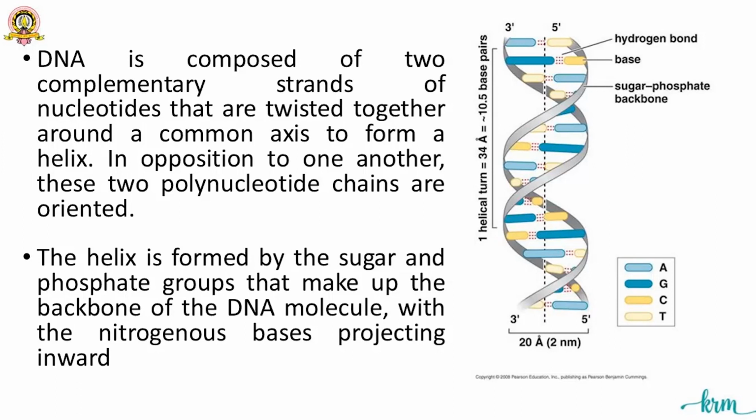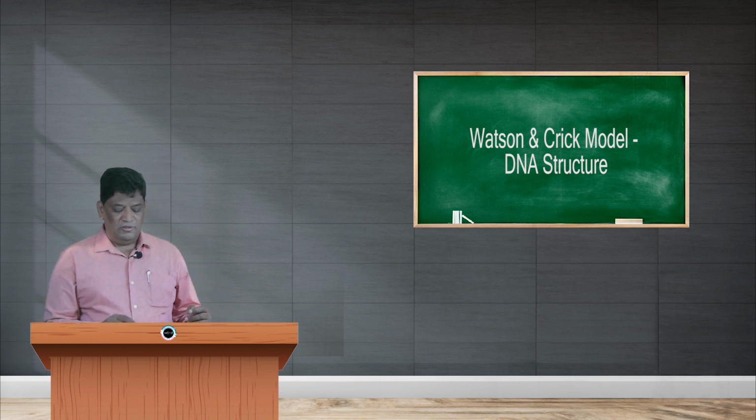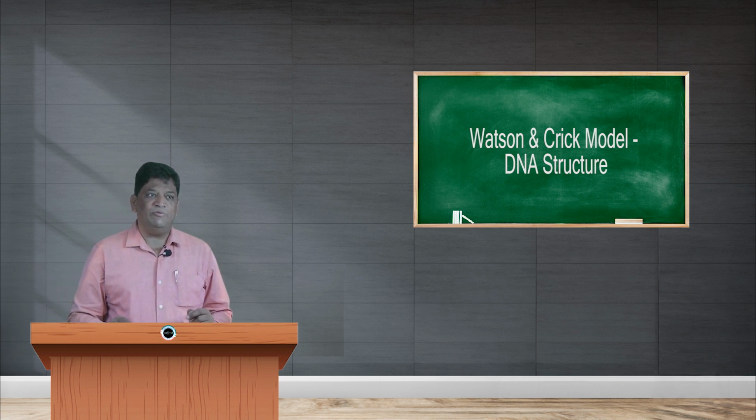The running backbone is the continuous structure. The colored part inside is the nitrogenous bases. The nitrogenous bases are nonpolar and hydrophobic in nature, whereas the backbone chain is hydrophilic and projects on the outside.